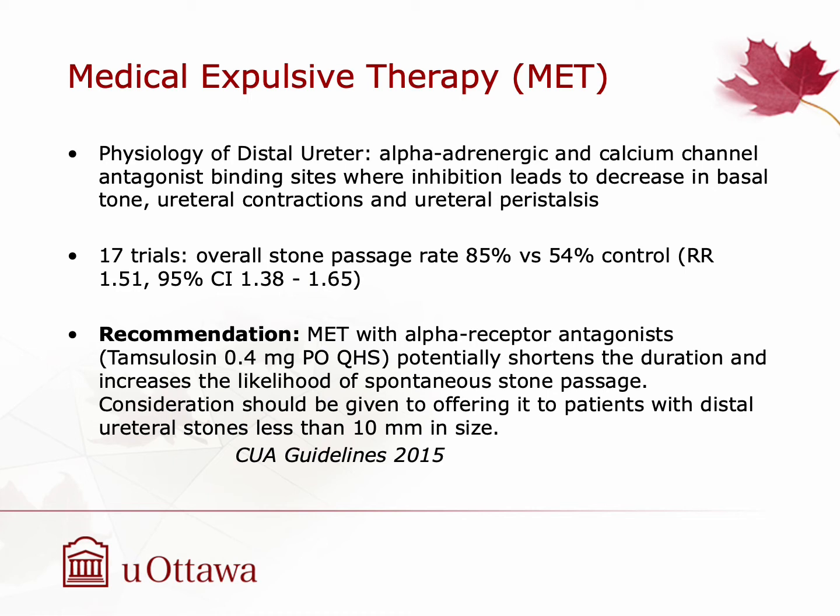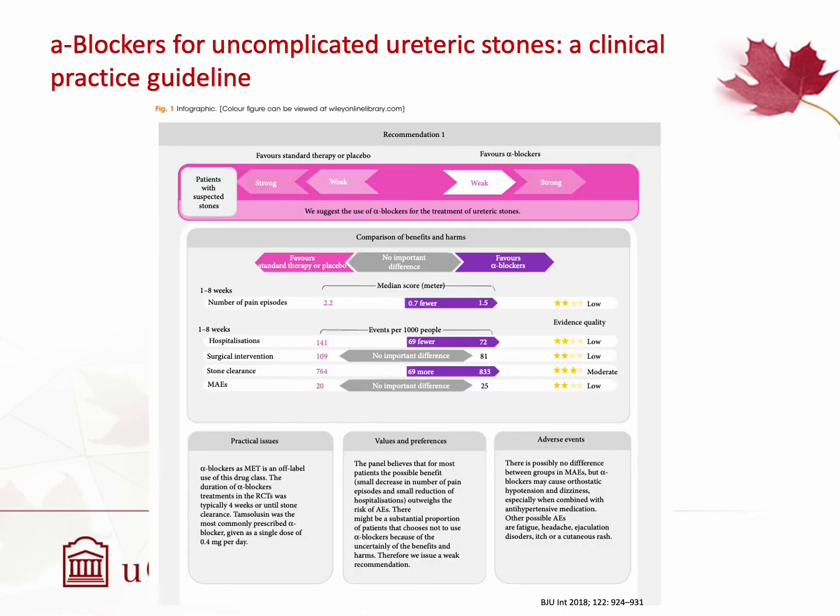That is presently how I utilize it. There have been subsequent studies performed, and this is a clinical practice guideline for the use of alpha blockers for uncomplicated ureteric stones that was recently published just a couple of years ago in the British Journal of Urology.